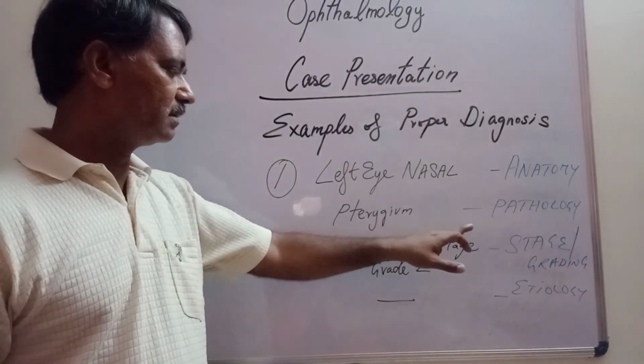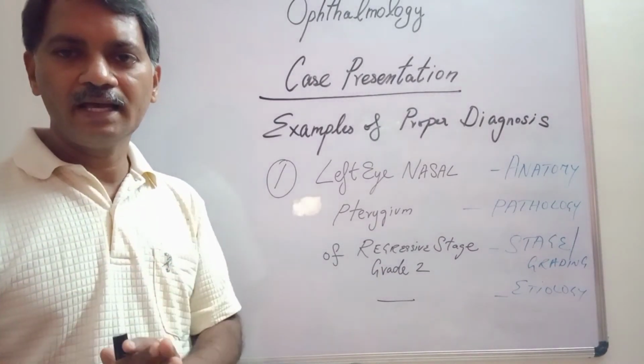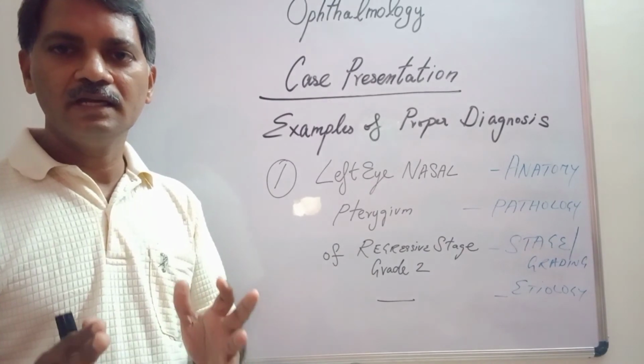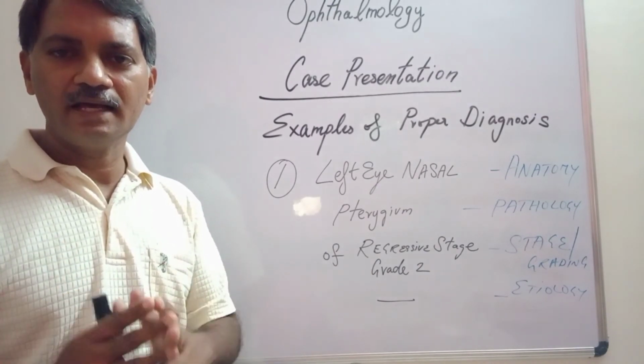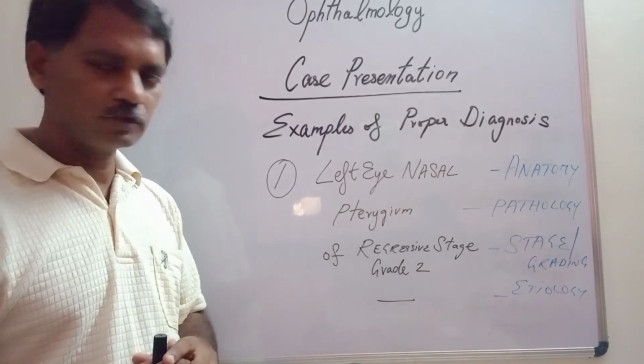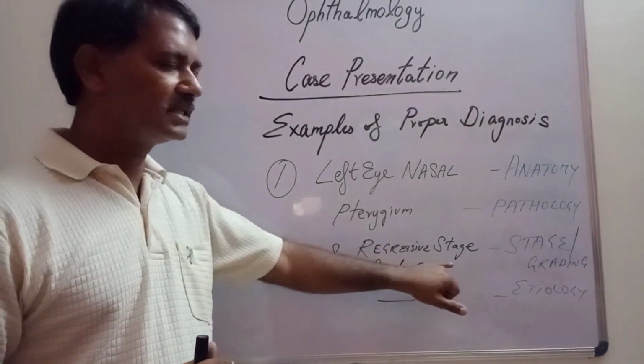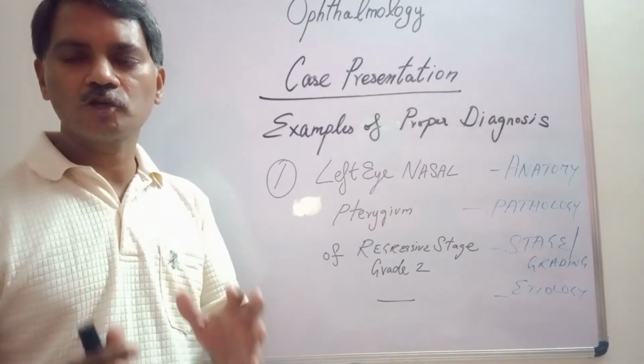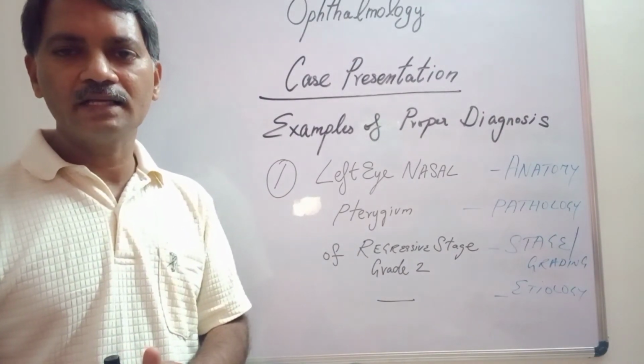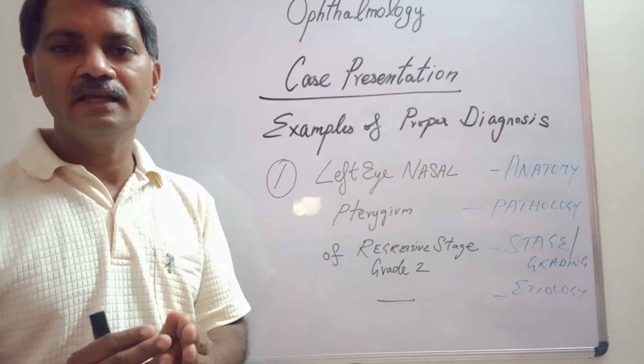Pterygium is the pathological part. Pterygium has types, it has staging and it has grading also. Here the pterygium is of a regressive stage. The pterygium has stopped growing and has started to shrink in its size.